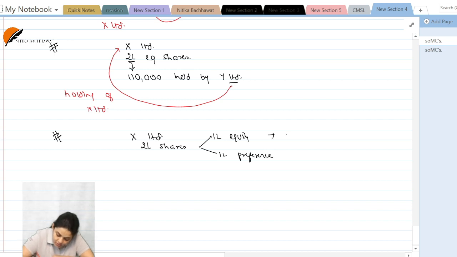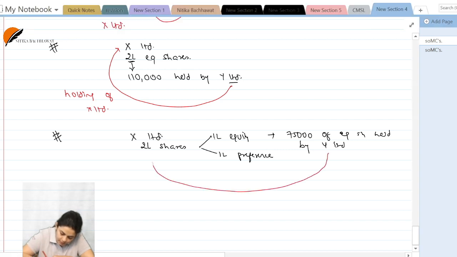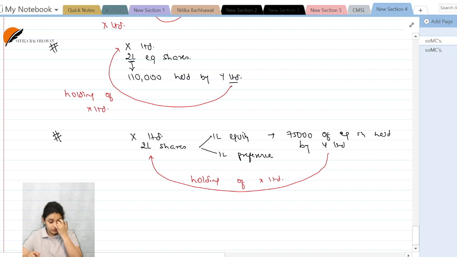Y Limited is holding 75,000 of these equity shares. Is Y Limited the holding of X Limited? Tell me, is Y Limited the holding of X Limited?